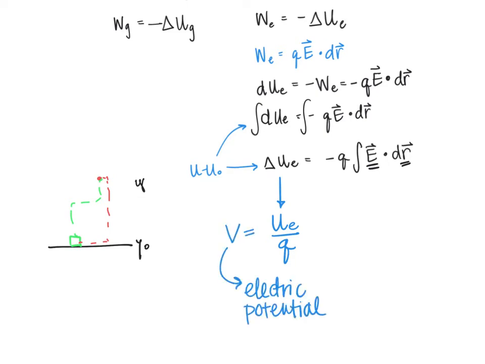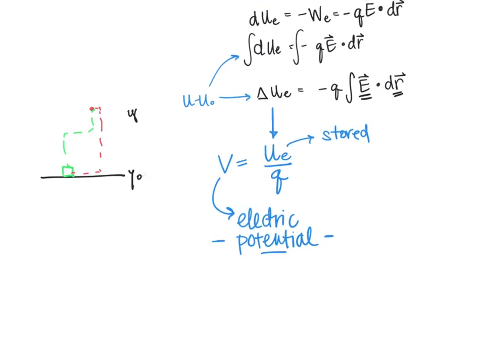This is where the word potential really belongs, and that's why we're going to say that this is the stored energy, so that we don't get things confused. Now remember, energy is a scalar quantity. So when you take a scalar and divide by another scalar, electric potential must also be a scalar.